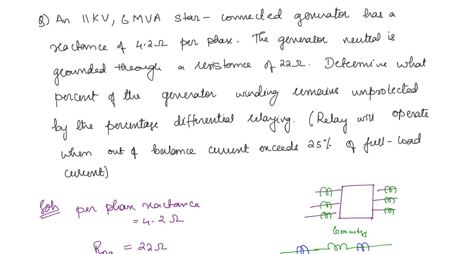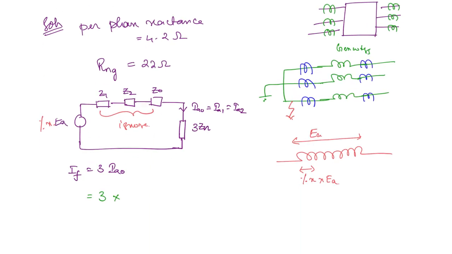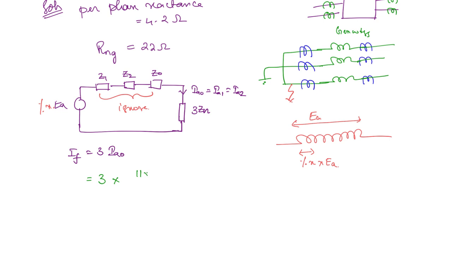This is an 11 kilovolt star connected generator. Whenever the voltage is given, it is usually the line voltage, so we need the phase voltage. So here this is going to be 11 kilovolt divided by root 3 into X%, that is X by 100, divided by the impedance, 3 times the resistance from neutral to ground, which is 22 ohms. So 3 times 22. This is the fault current.